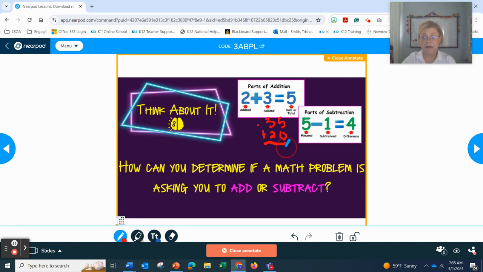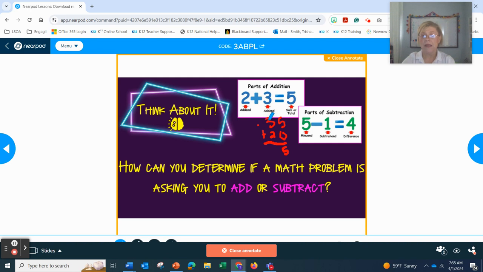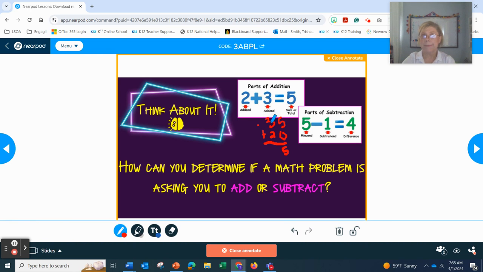5 plus 0 is 5. 3 plus 2 is 5. Like I said, my brain, I am not feeling well today. So our two addends are 35 and 20. Our sum or total is 55.